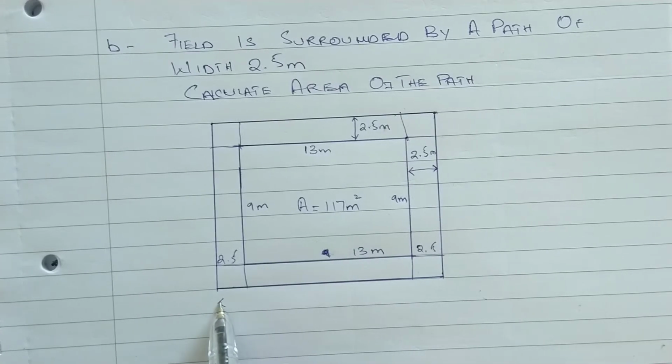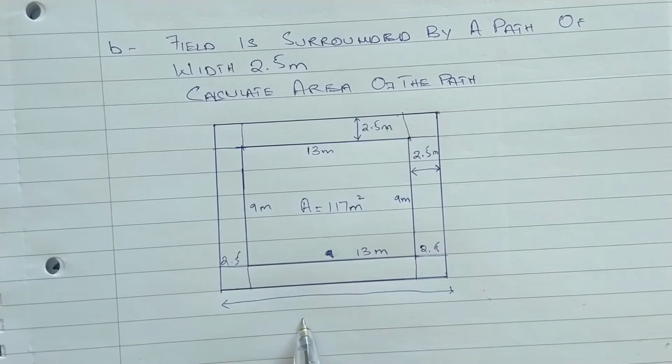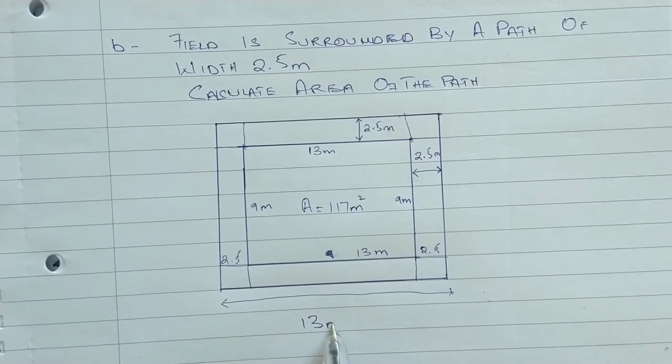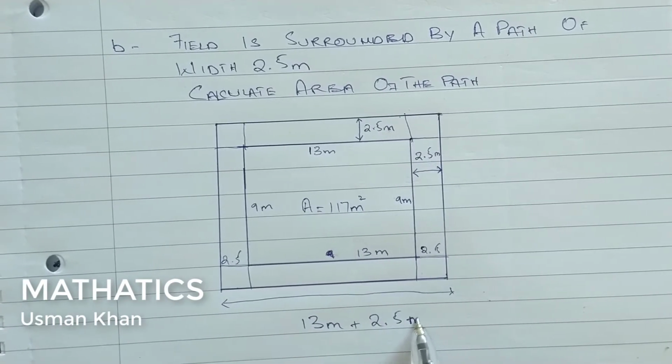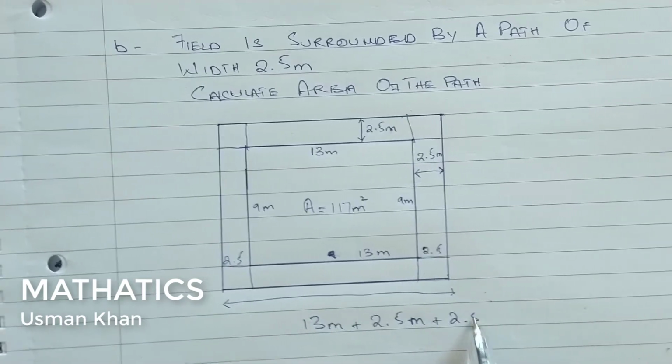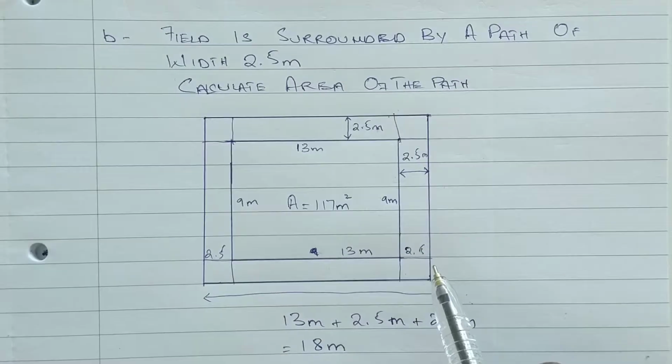So the total width of the path becomes 13 meters plus 2.5 meters plus 2.5 meters. That becomes 18 meters. We just calculated the breadth of the path.